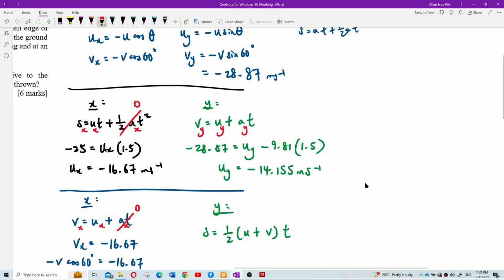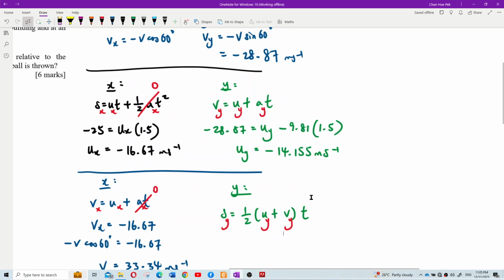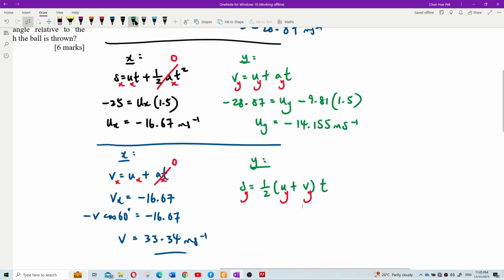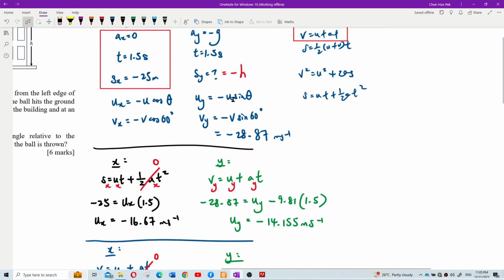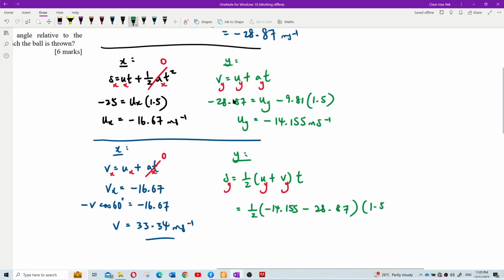Now all this is using the y component. So half times uy negative 14.155 plus vy negative 28.87, times the time taken of 1.5 seconds.